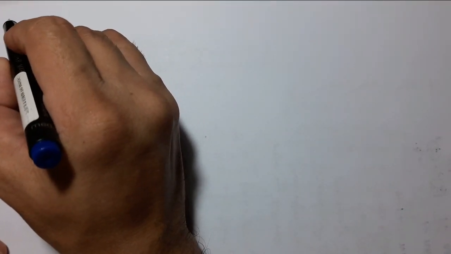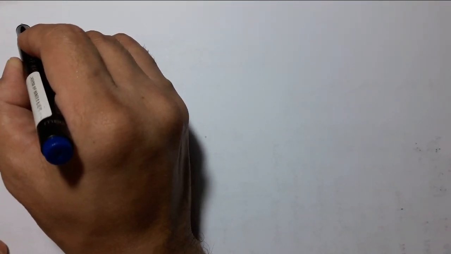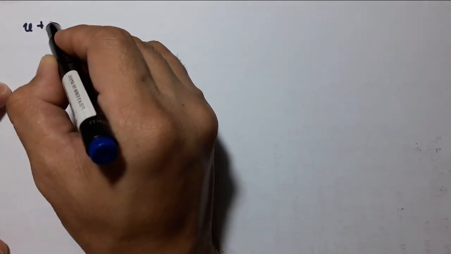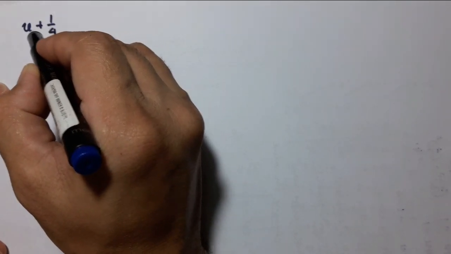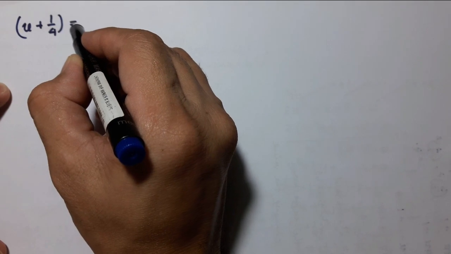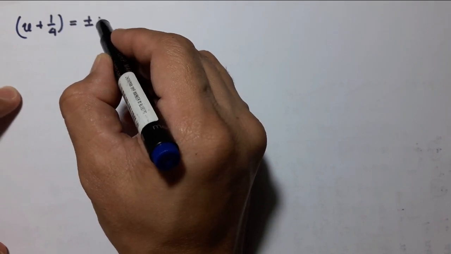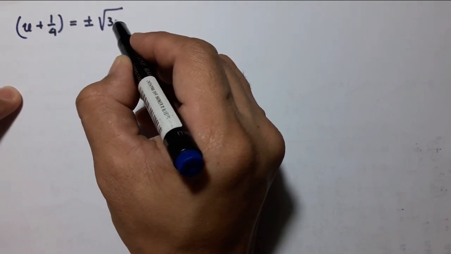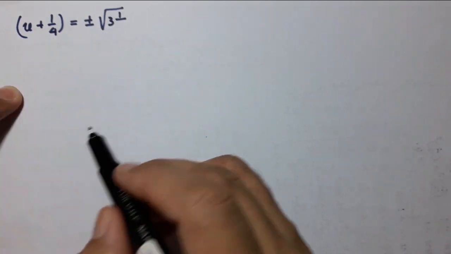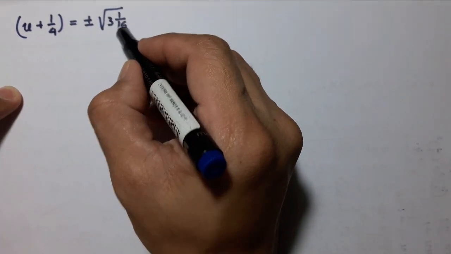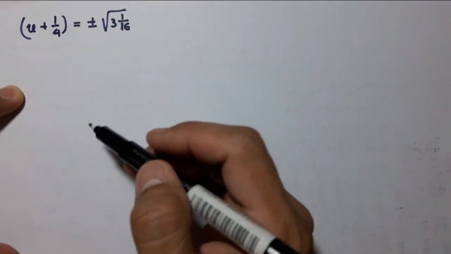Okay, students, we have the equation. The new equation is x plus a quarter equal plus minus root of 3, 1 over 16, right? Clear?